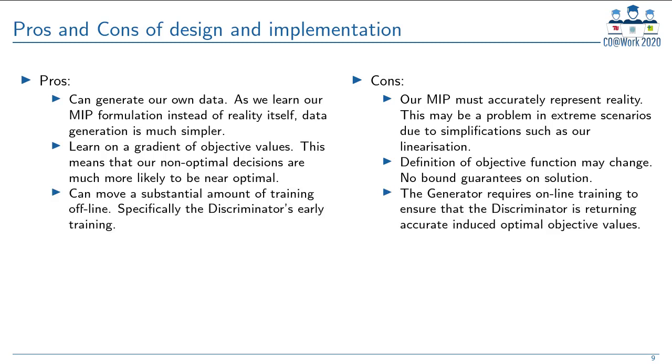We can move a substantial amount of training offline, specifically the discriminator's early training. Our approach does not use everything offline, however, and the generator requires some form of online training to ensure that the discriminator continues to return results that faithfully mimic the induced optimal objective values.